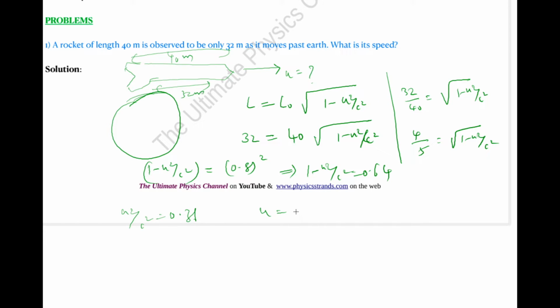Therefore u is 0.6 times c. So the speed of the rocket would be 0.6 times the speed of light, so that it appears to be only 32 meters to an observer on Earth, whereas its actual length is 40 meters.